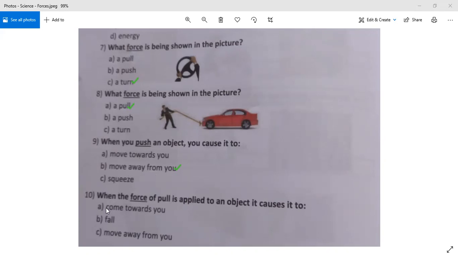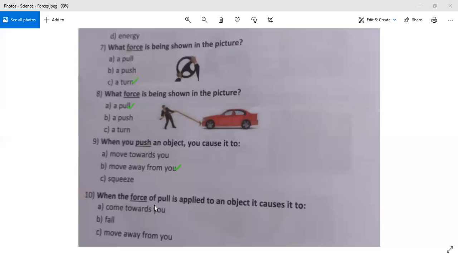Nice. Last one now. When the force of pull is applied to an object, it causes it to, let's read the whole thing now.